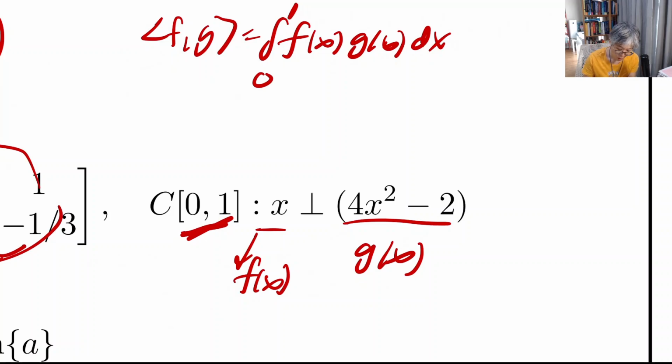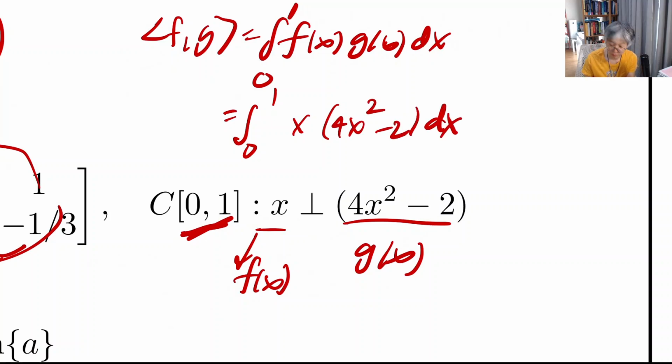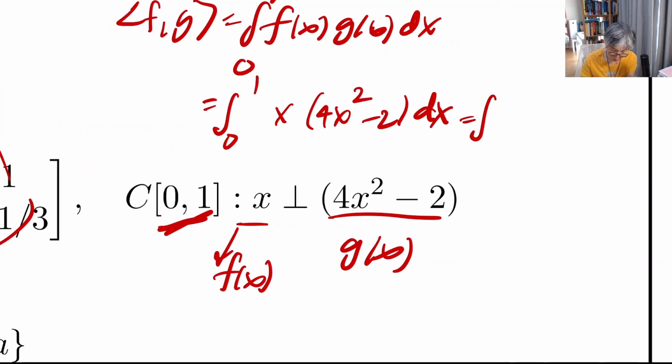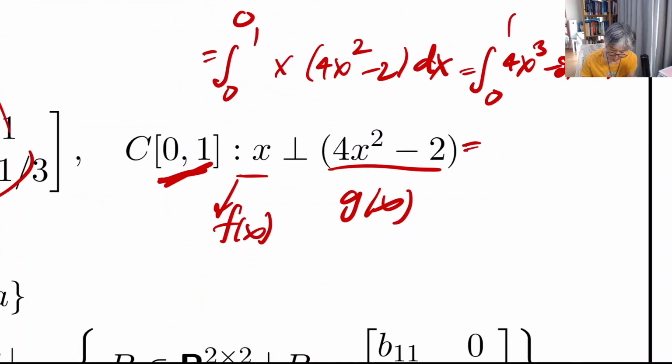We can show that for this choice of function, the integral from 0 to 1 of x times (4x squared minus 2) dx is the integral of 4x cubed minus 2x dx from 0 to 1. So that's going to be x to the fourth minus x squared from 0 to 1. And that's going to give you 0.